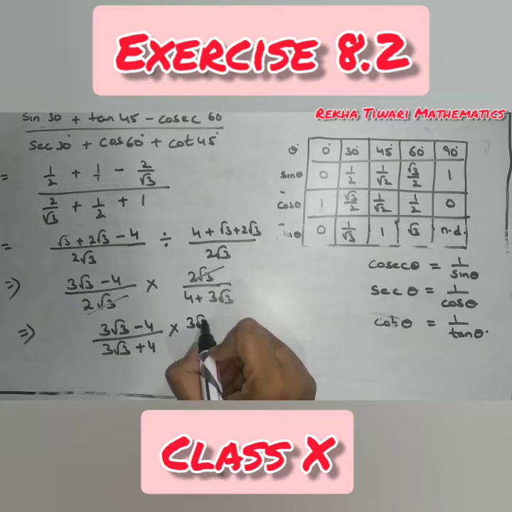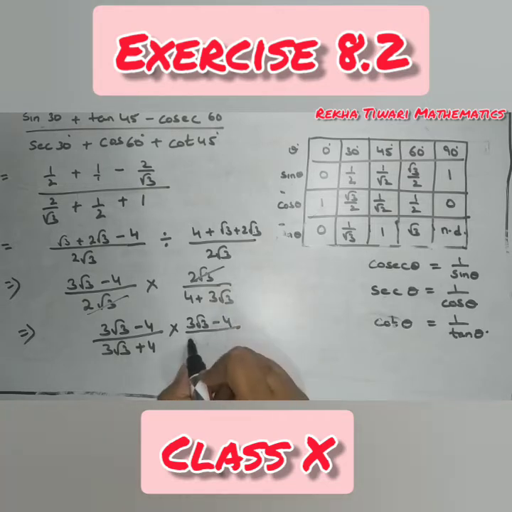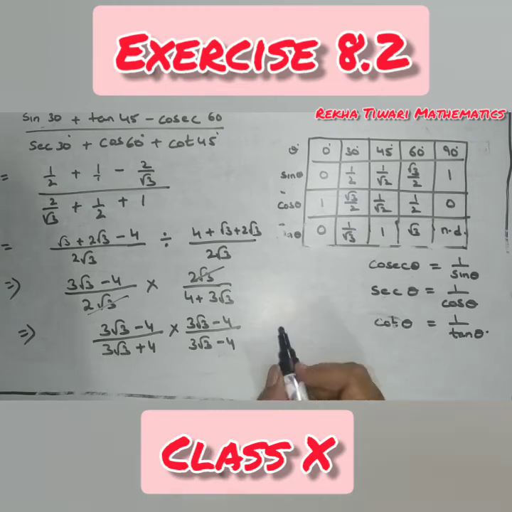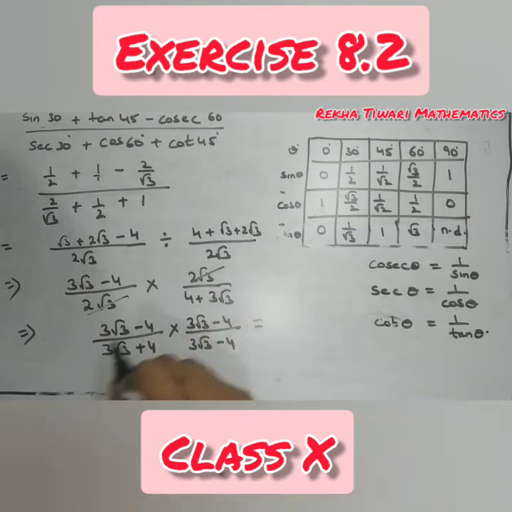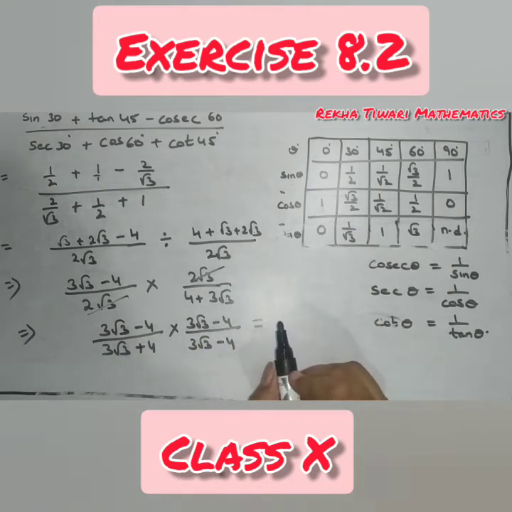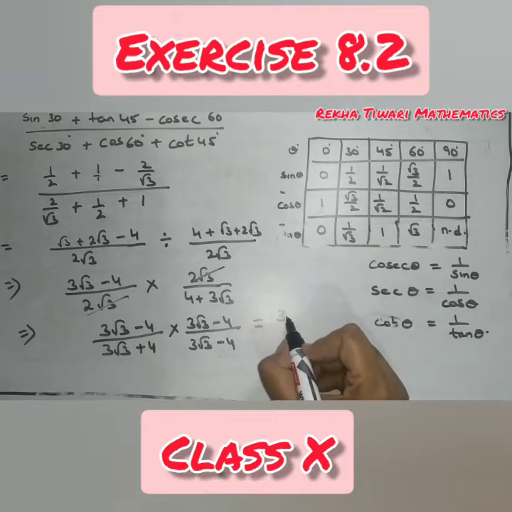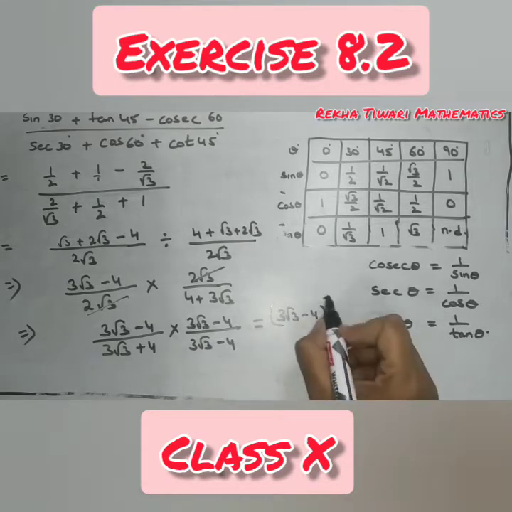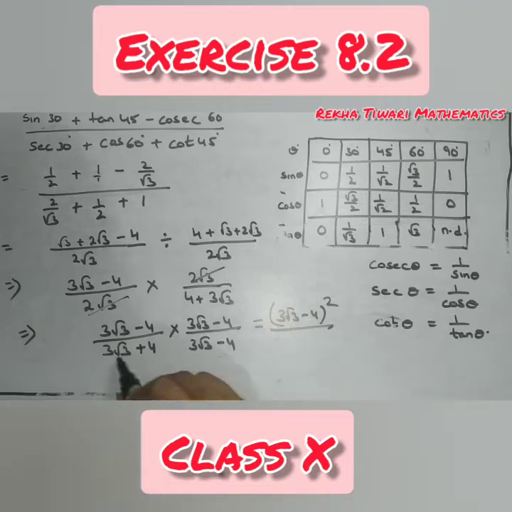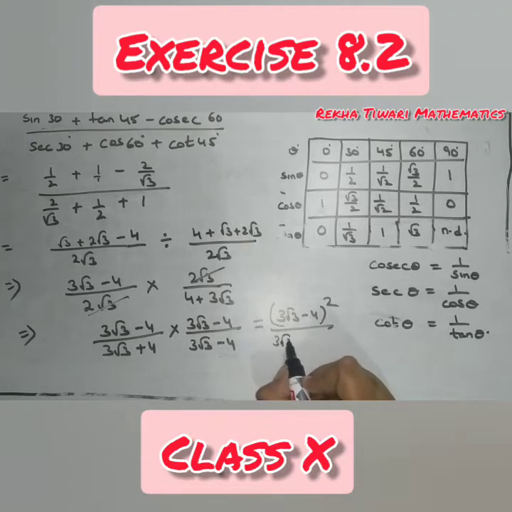This is 3 root 3 minus 4 upon 3 root 3 minus 4. If you solve this, it is a minus b whole square. So this is 3 root 3 minus 4 whole square upon a square minus b square, 3 root 3 square minus 4 square.